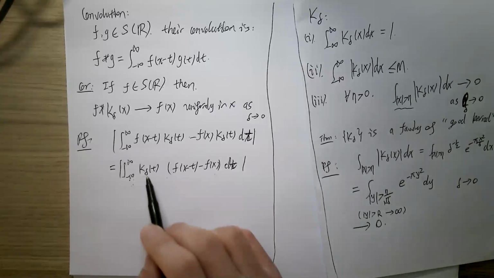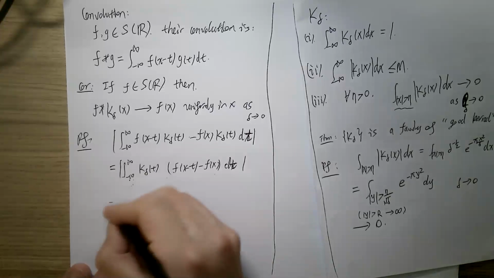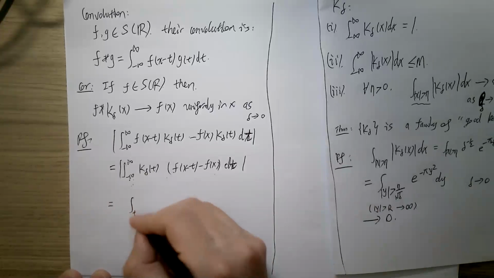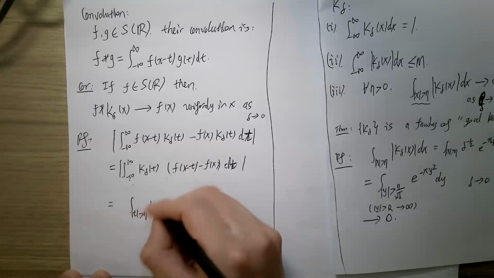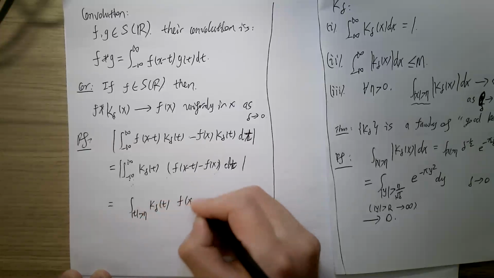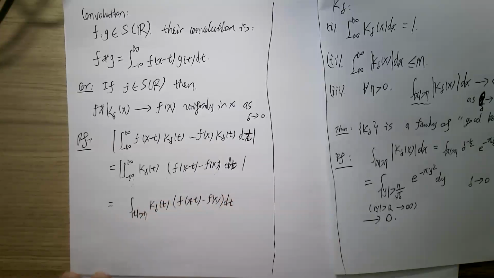So it can be split into 2 parts. One part is where t is bigger than eta: K delta(t) (f(x minus t) minus f(x)) dt.